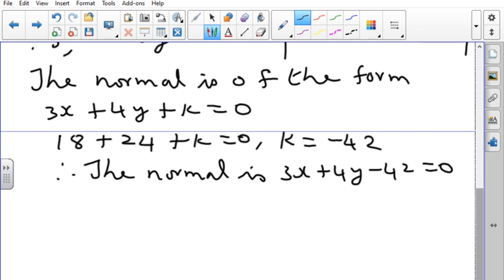Okay, now 6 questions we have completed in the exercise. Now coming to the examples. Example 5.27.